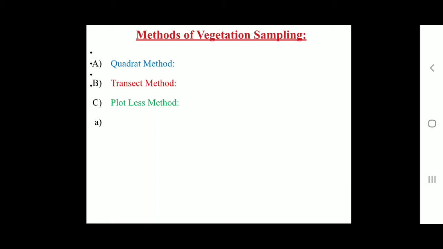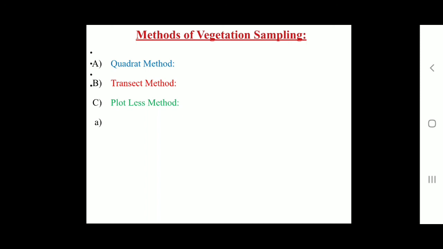That is, density may be defined as the number of individuals per specified collection area. The relative density is the study of numerical strength of species in relation to total number of individuals of all species, calculated as relative density is equal to total number of individuals of a species divided by sum of all individuals of all species, into 100.